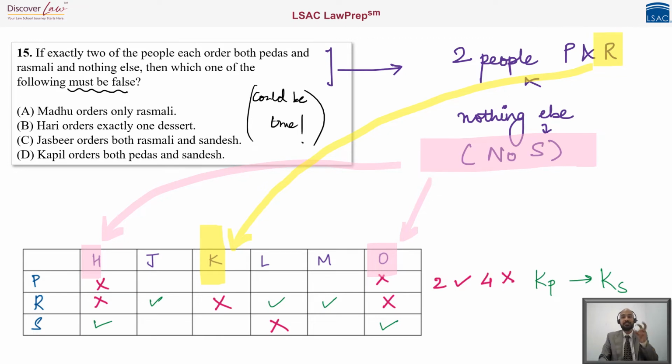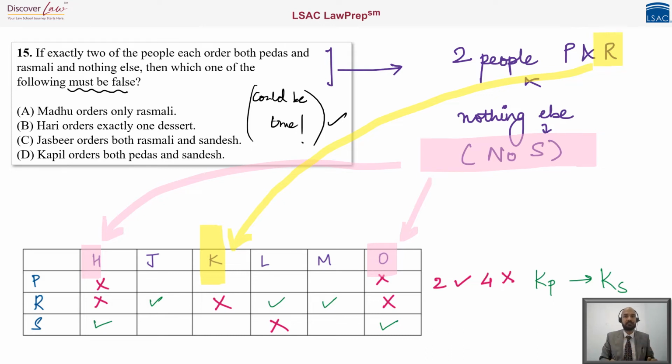So when you find three options that could be true, you know that they are not the answer. You're not looking to find out which two people they are. You are trying to see what could be true so that you can find out what must be false. So don't feel disheartened in such questions. Don't needlessly do some guesswork. When you just enter the data that is given to you, you will be able to solve the question.